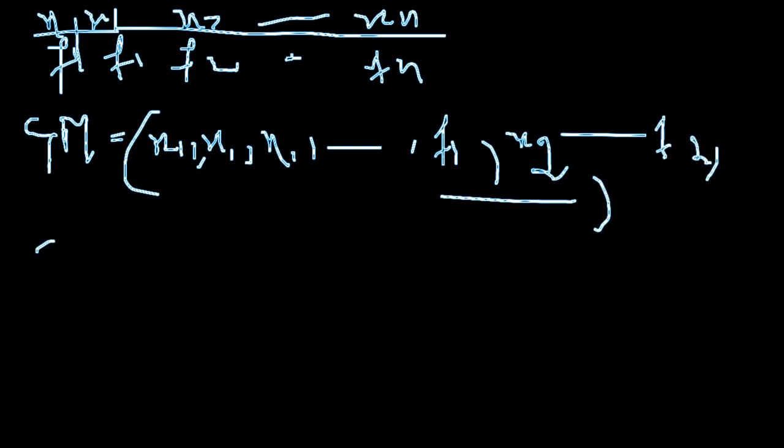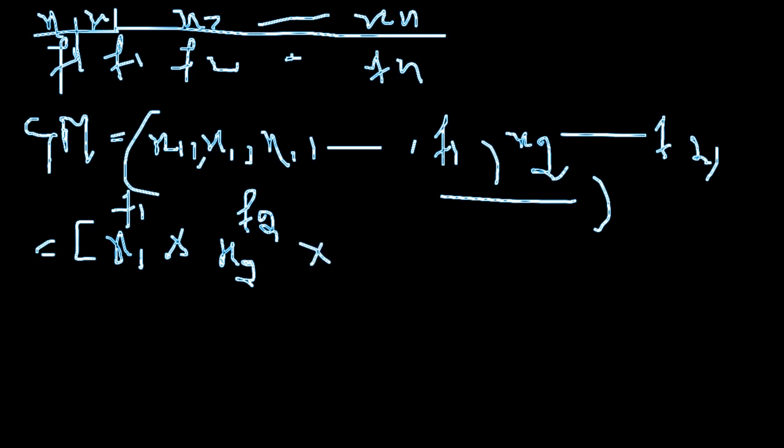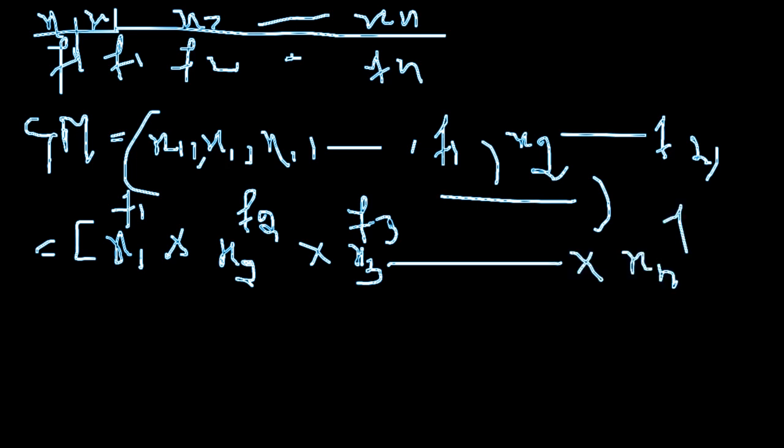So we write mathematically this as x1 repeated f1 times, multiplied by x2 repeated f2 times, x3 raised to the power f3 till xn raised to the power fn. Fine. And the whole raised to the power, how many items are there? N. Capital N, where capital N is sigma f, that is the sum of the frequencies.